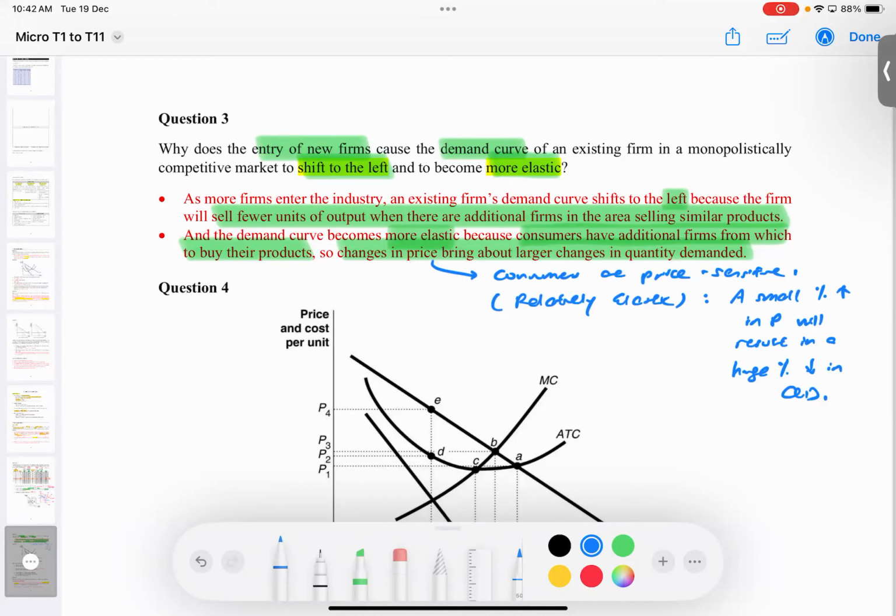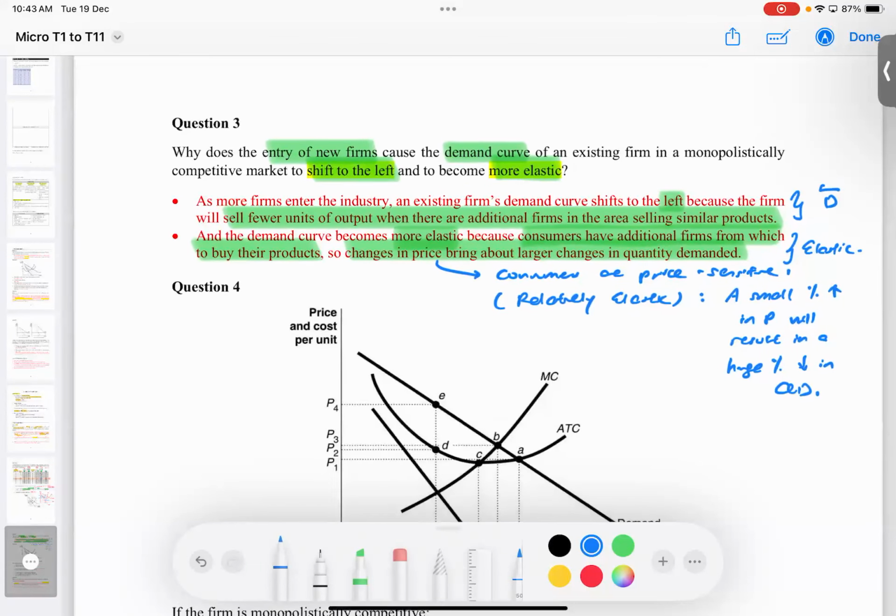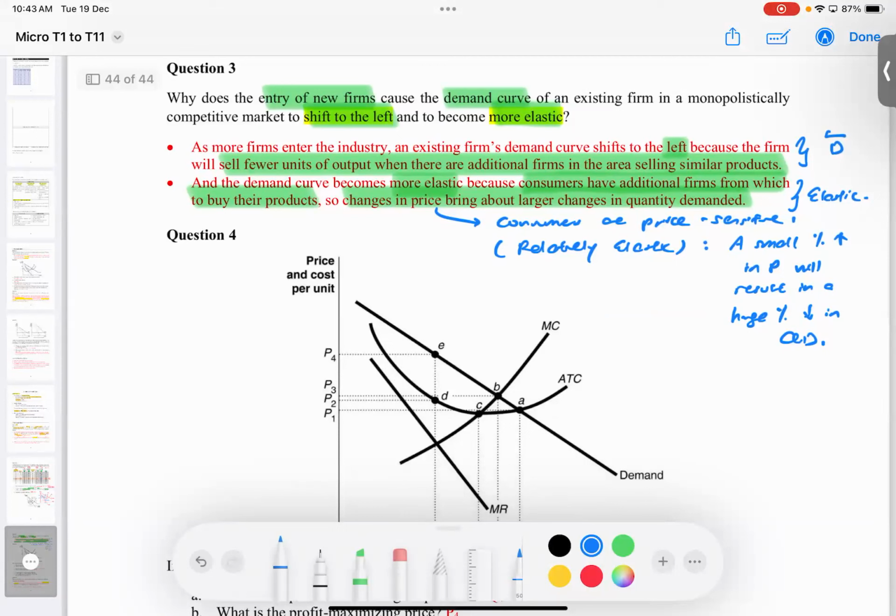So the first bullet point is to explain why the demand curve shifts leftwards, and the second point is to talk about the elastic part. That's how you need to write in your exam as well. Okay, let's continue. Question 4.